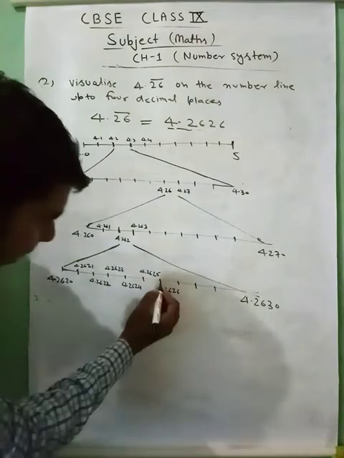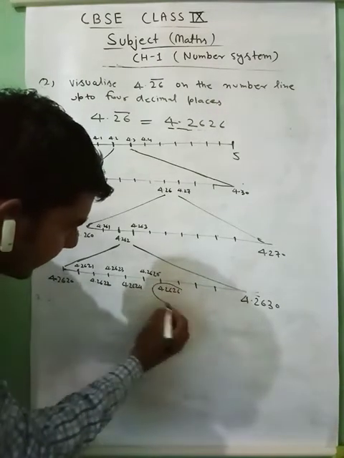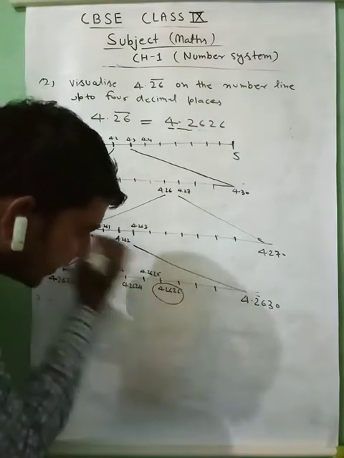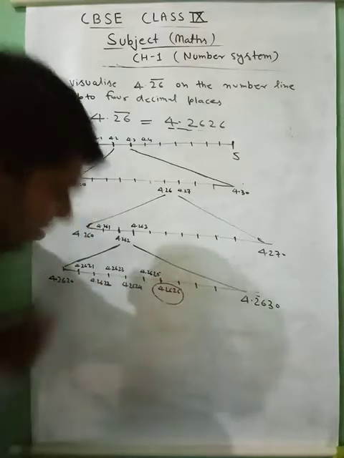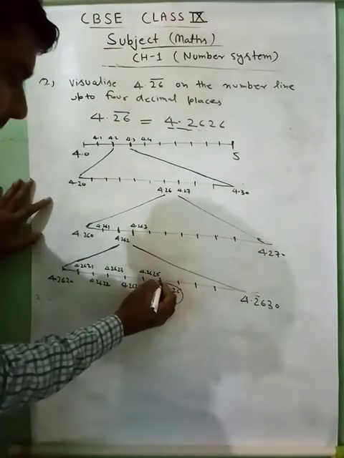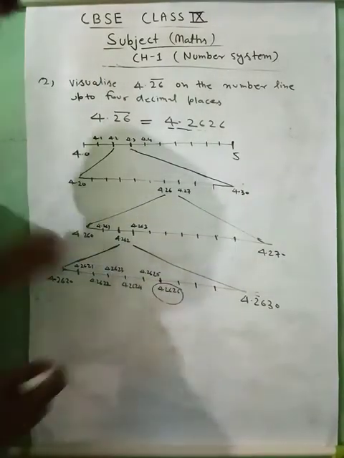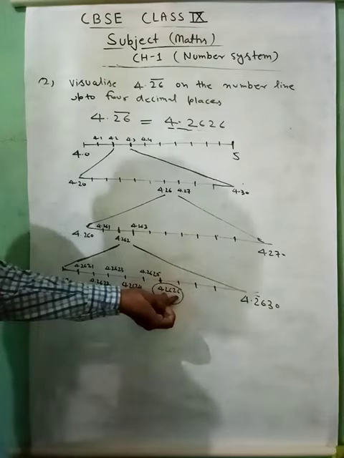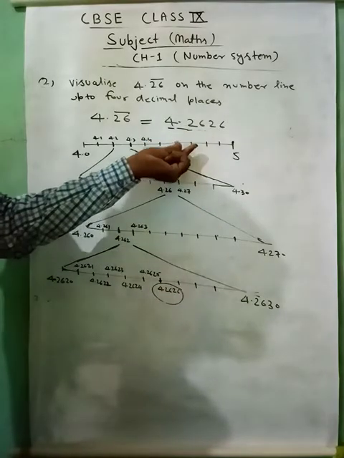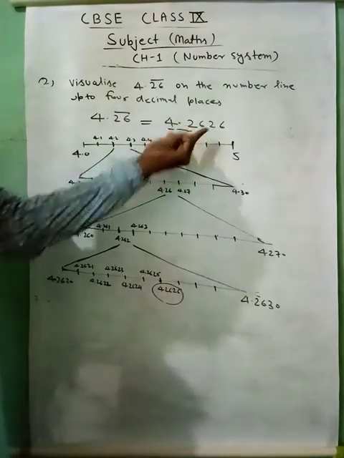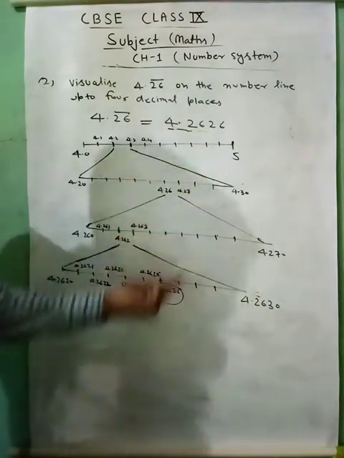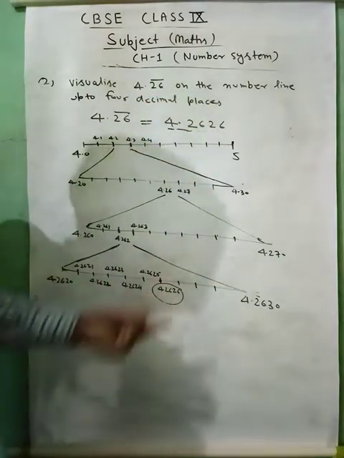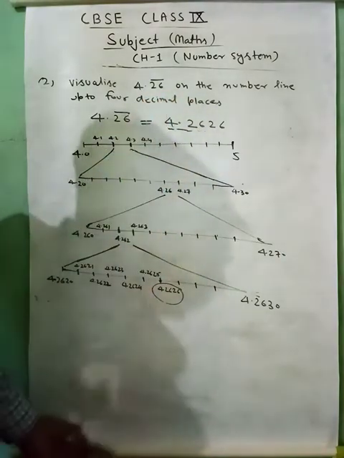So our number is on the number line at this place. Clear? It is the point where this number will be present. So we can visualize this number on the number line by this process. Clear? So you can visualize any number on the number line.